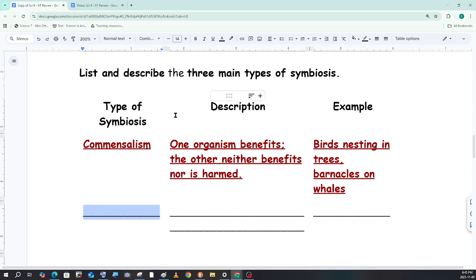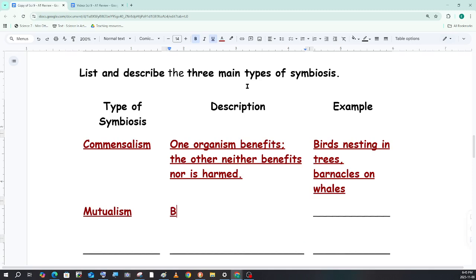Okay, so the next type of symbiosis we're going to talk about is mutualism. In mutualism, both organisms benefit, and neither one is harmed from the arrangement.